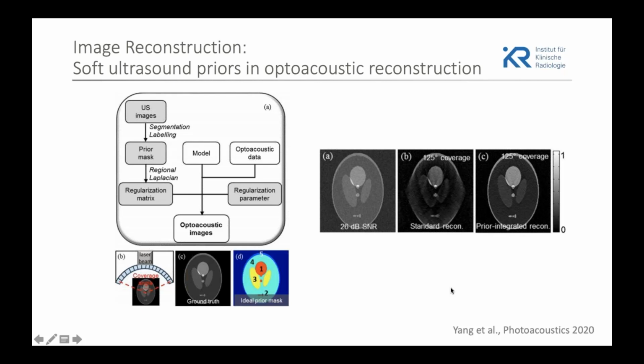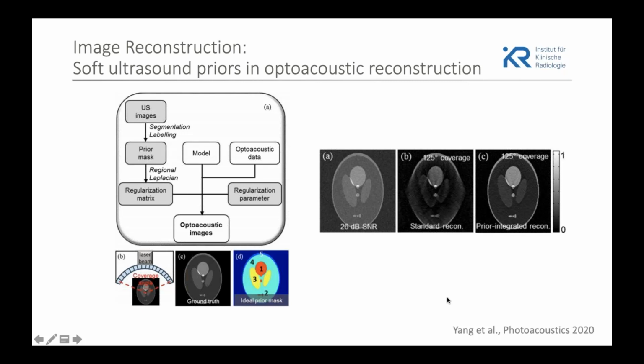And they used the information you gain with the ultrasound imaging to improve the reconstruction of the optoacoustic imaging. You can see this here on the right side. There's a clear improvement by the prior integration of the ultrasound mask into the optoacoustic reconstruction regarding the signal to noise ratio using this method.